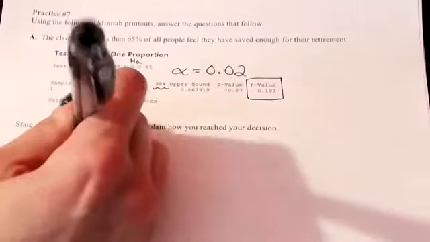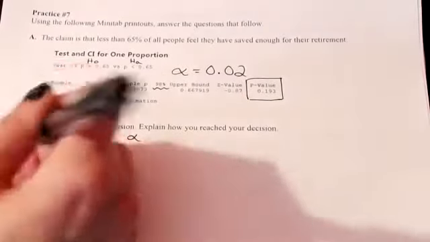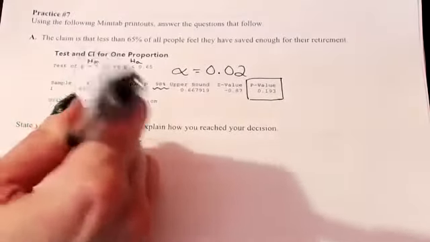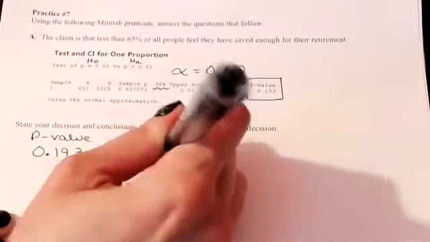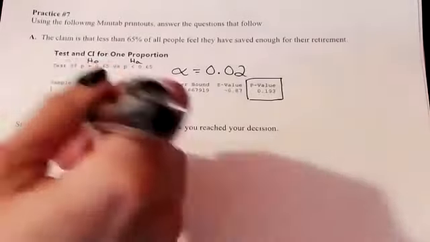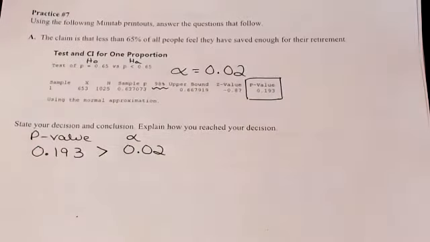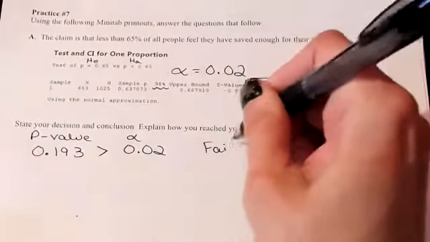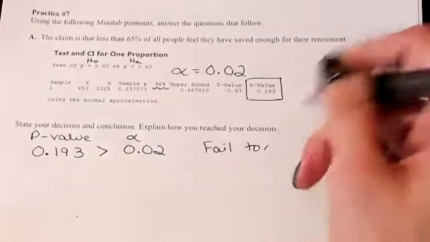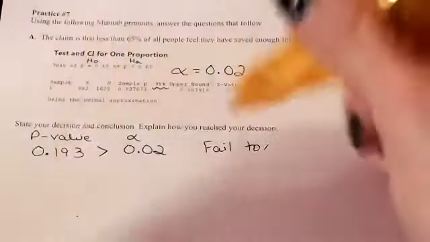As always, you want to compare your p-value with your alpha. Our p-value in this case is 0.193. Our alpha is 0.02. We see here that our p-value is greater than 0.02. So our decision is to fail to reject the null.